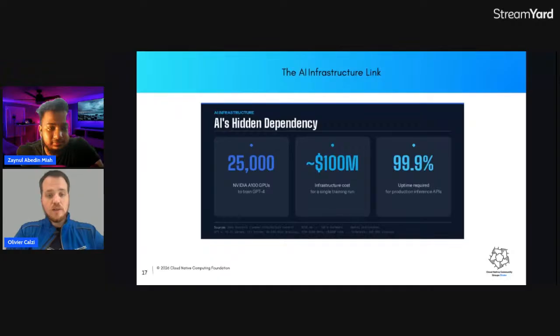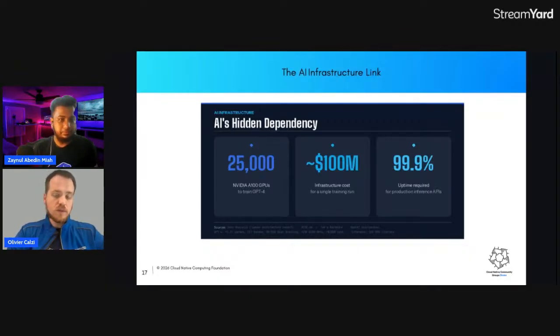Sure. So I'm going to share here just a bit of information that I looked into about what AI means for the infrastructure side. Here you can see that the Research Institutes of Sweden have said that in order to train GPT-4, NVIDIA had to use 25,000 A100 graphic cards for a duration of 100 days, for a cost of $100 million.